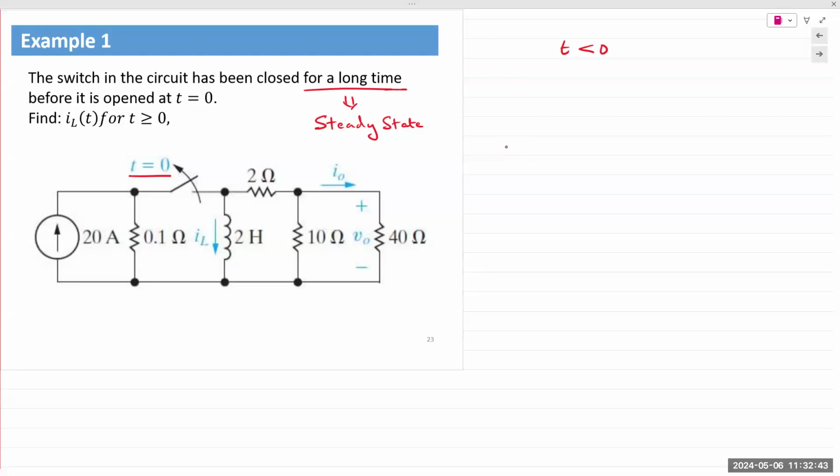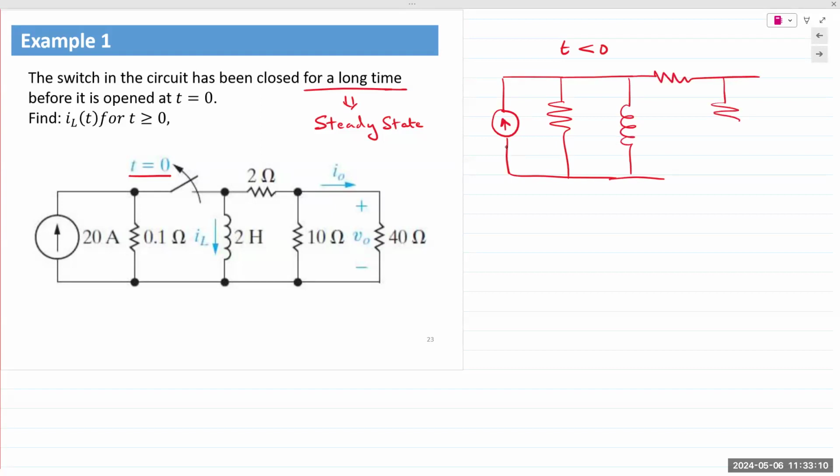We simply need to look at the circuit to determine the current or the voltage as soon as the switch is opened. So in this case, with the switch closed, we have a current source, resistor, switch, an inductor, and then 3 resistors on the far right. Now the key word is steady state.